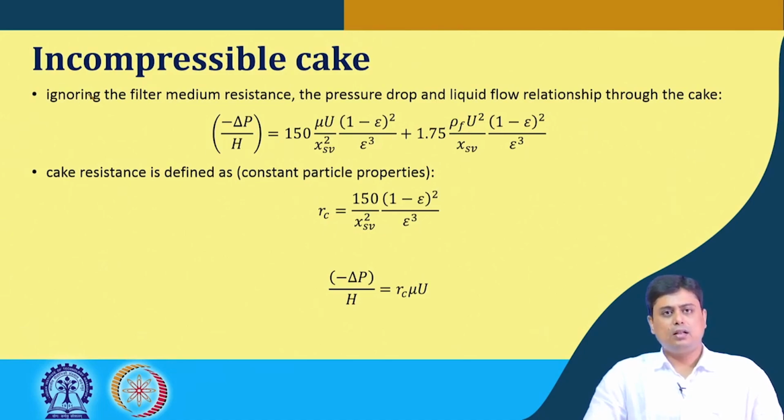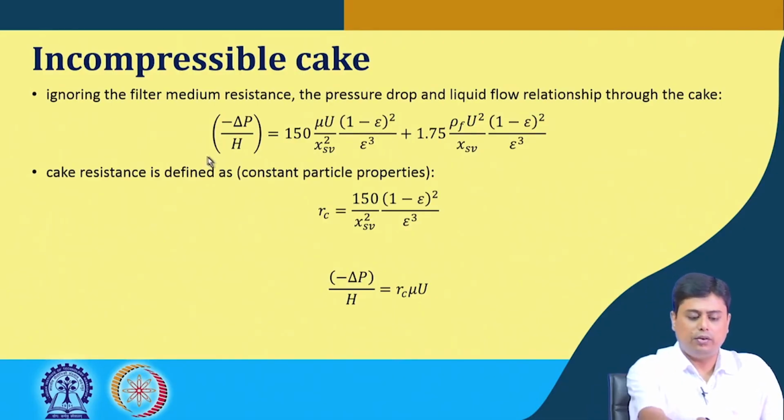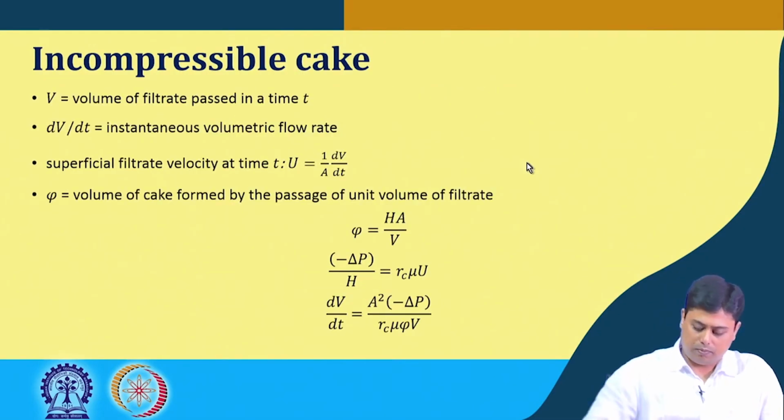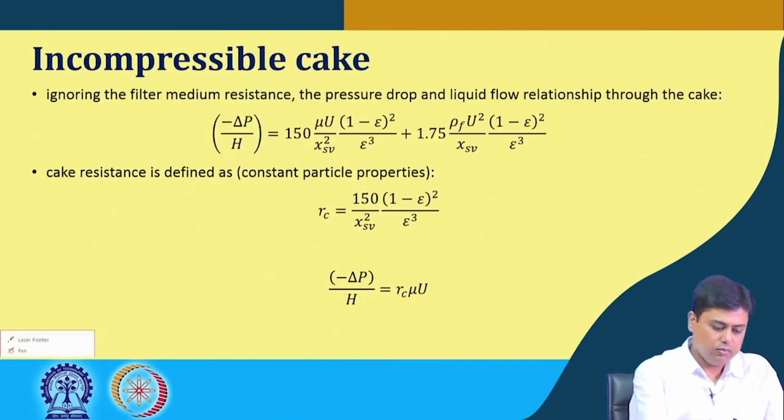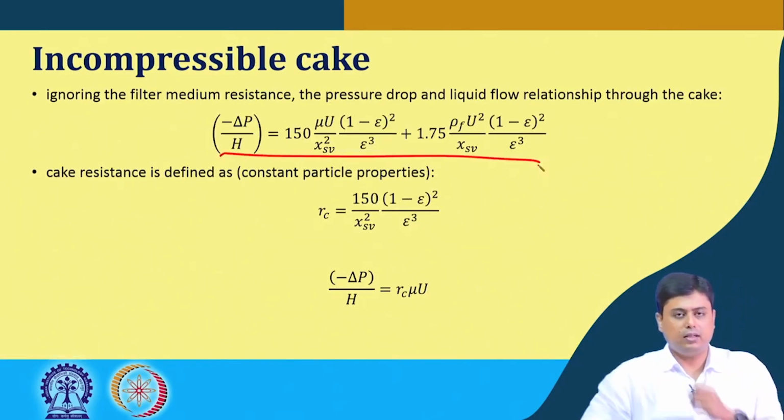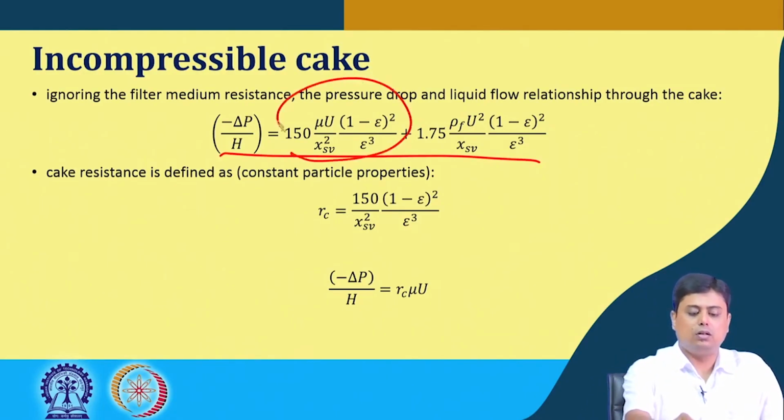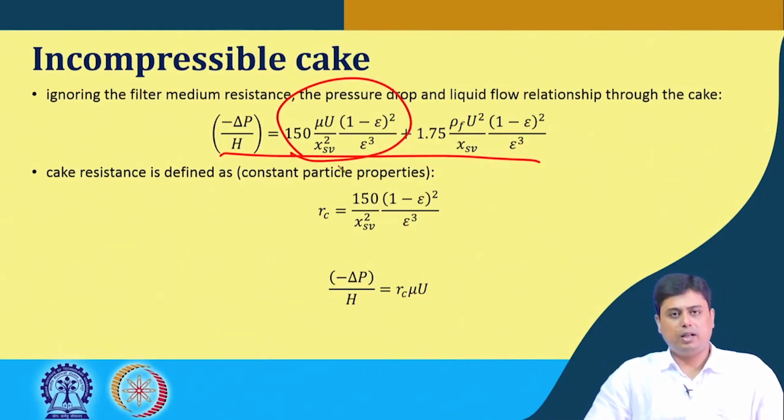So in that case we know the pressure drop and velocity relation. If we write the full-fledged Ergun equation, it has two components. One indicates the laminar or viscous contribution, and the other is the inertial contribution.